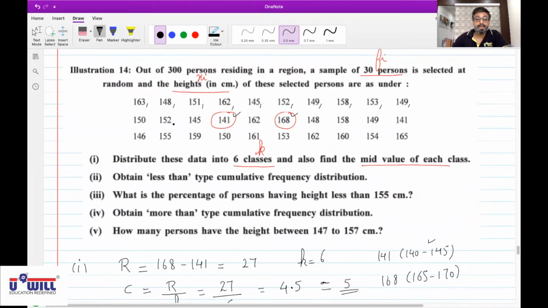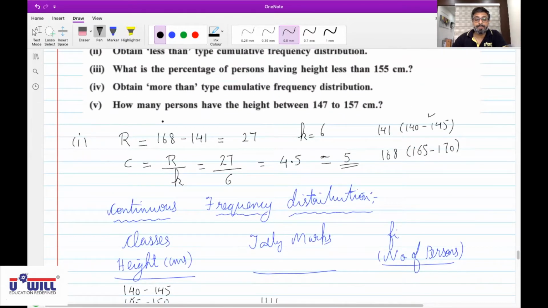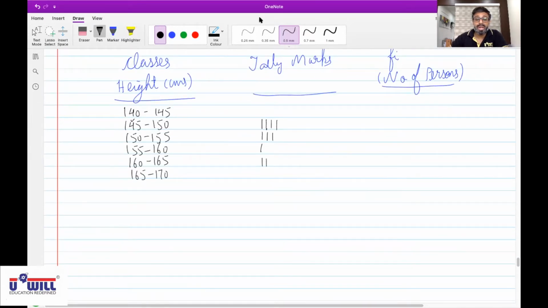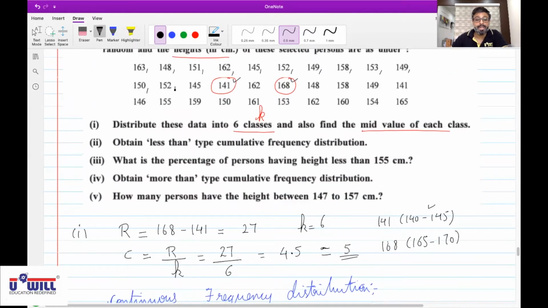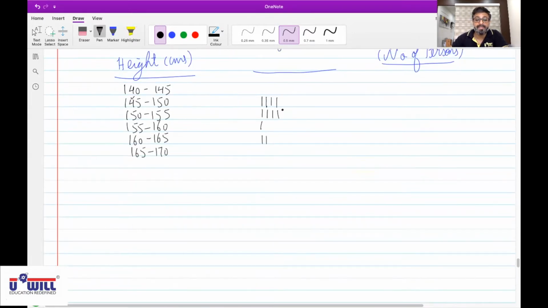Then 150. All of you unmute yourselves. 150, where will it come? 150 to 155. Brilliant, genius everyone, brilliant. Then 152, 150 to 155.